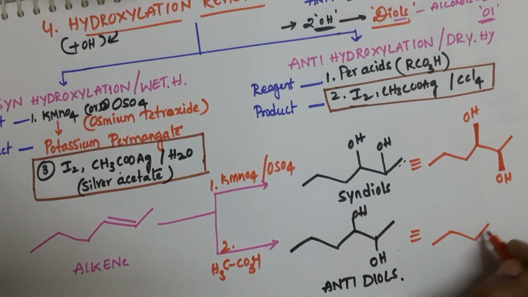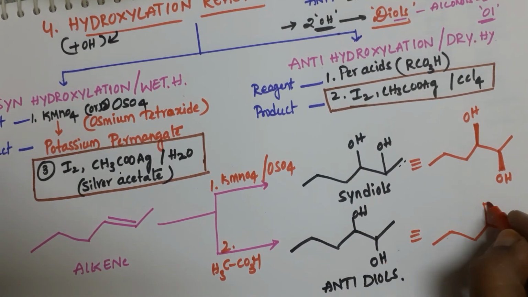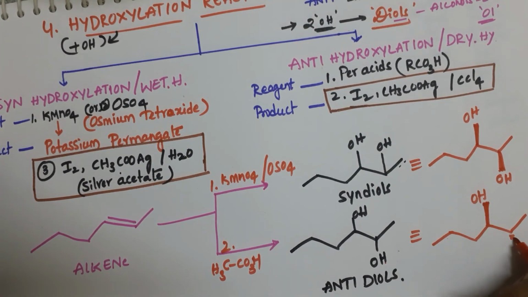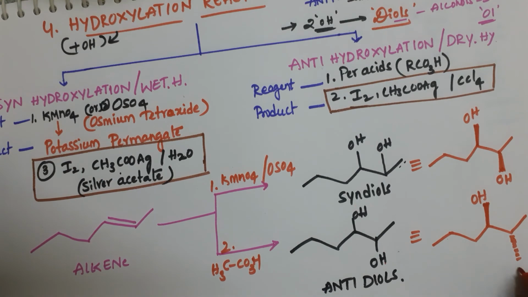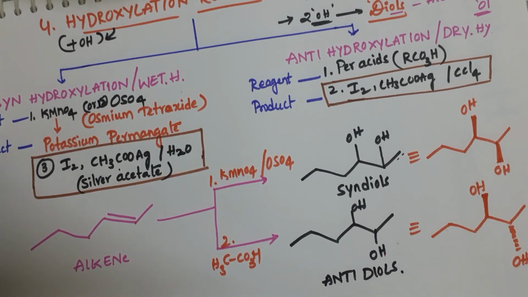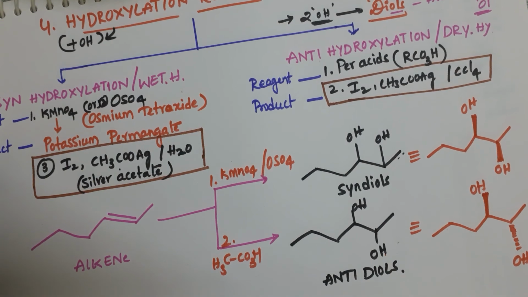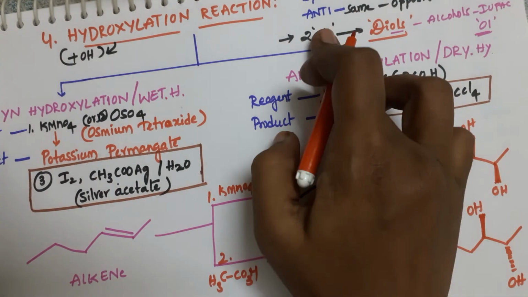If we write it like this, this is the front side, and here is the opposite side, which I am representing as a dotted line. The thick line represents the front side and the dotted line represents the back side. Both OH groups are in opposite directions, on opposite sides, so it is called anti-addition.